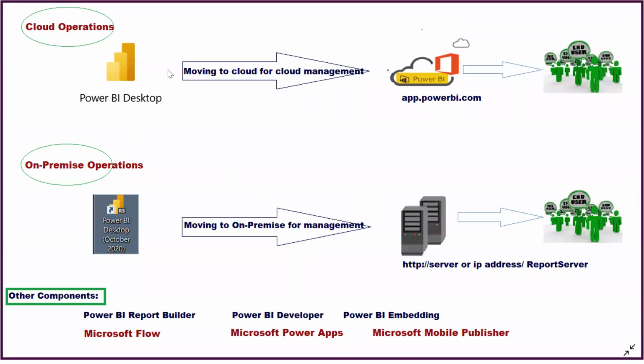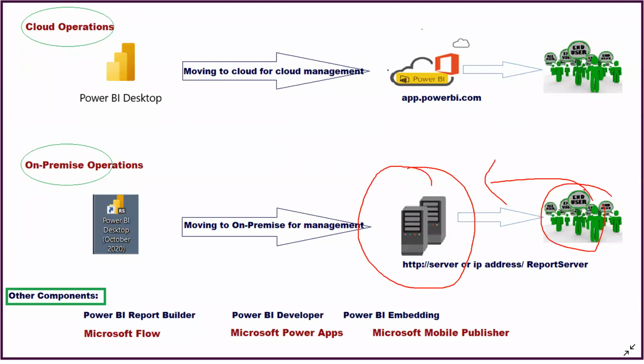At Power BI level, this is a component, the desktop component, which performs end-to-end operations. This only generates reports. It's your wish where you want to store and manage. You can go to Microsoft Cloud, and place and manage there, so customers will come to the cloud and operate. Or you can keep it within your organization server, so that customers come to the server and operate.